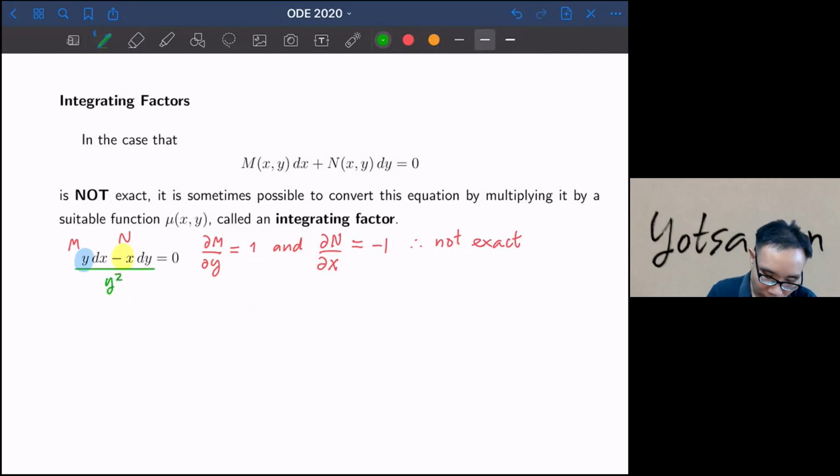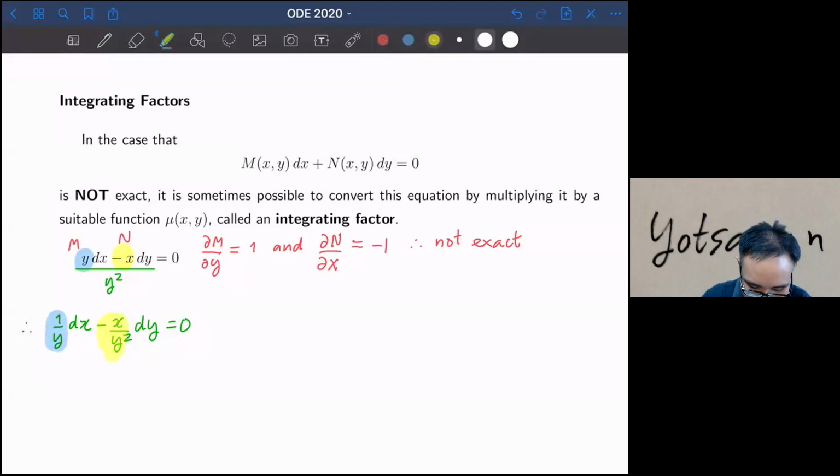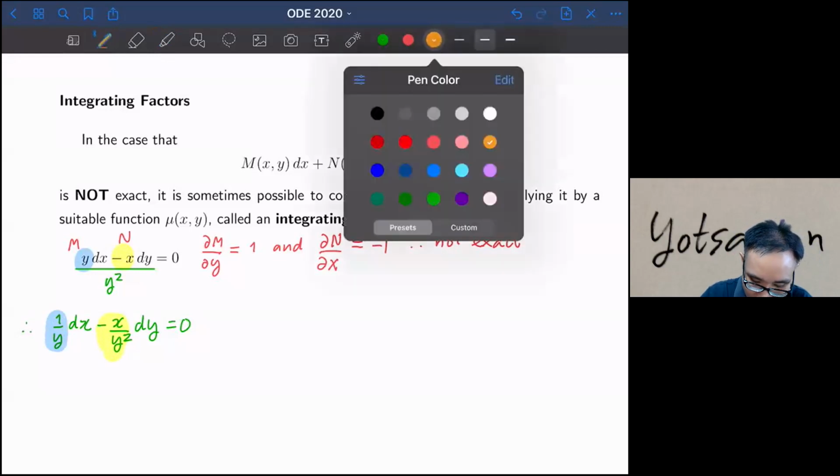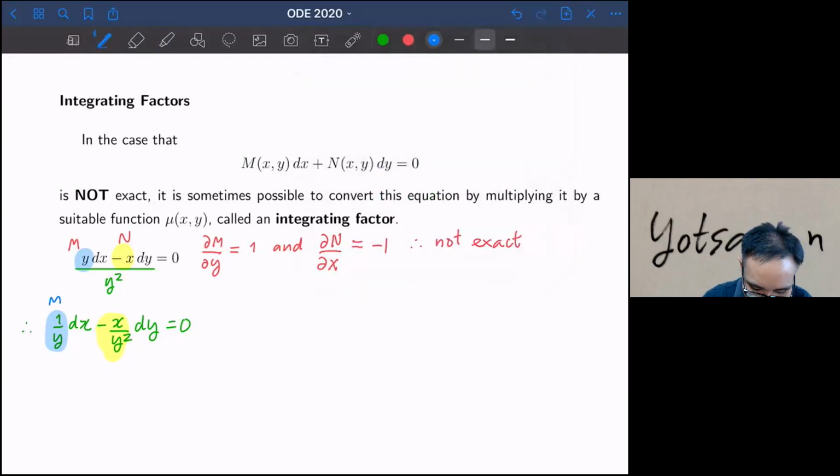You would get 1 over y dx minus x over y squared dy equal to 0. And from this, you have a new M and a new N. I'll use a different color, the blue one, for the new M and new N.